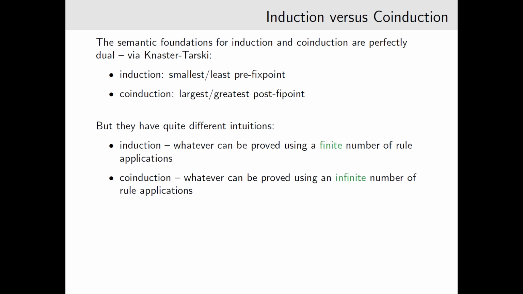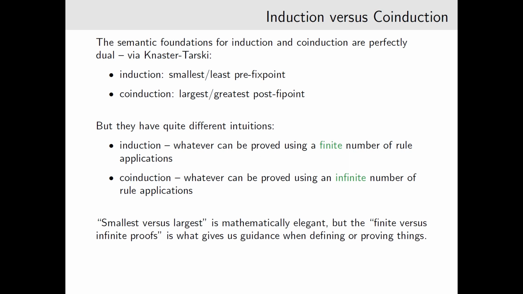So let me refine this a little bit. One thing that I should say is that smallest versus largest is nice mathematics, but finite versus infinite is really the intuition that we are applying when we are doing reasoning. So we are biased towards the category that we work in, which is a form of category of sets.